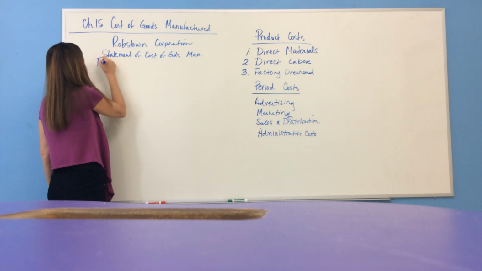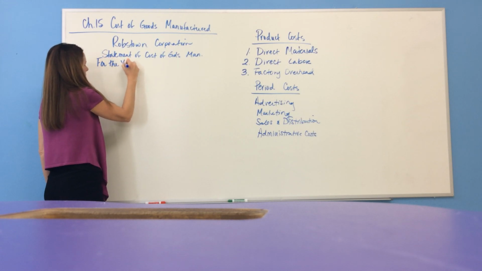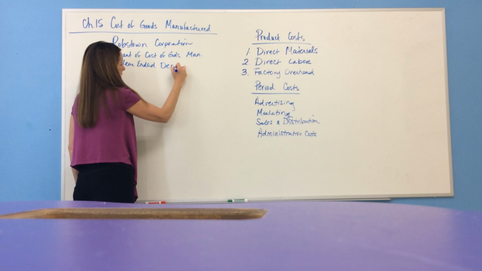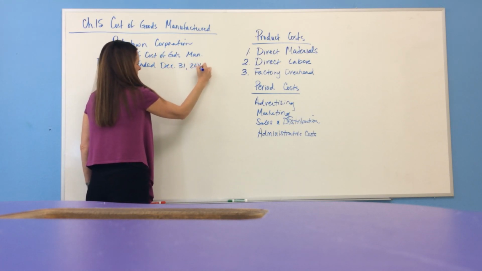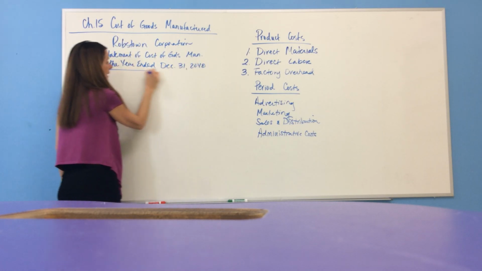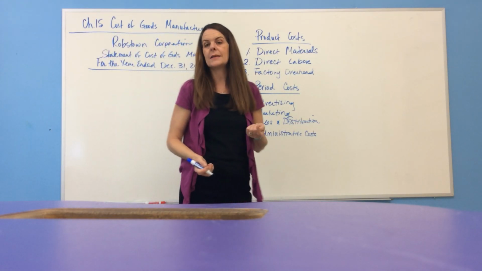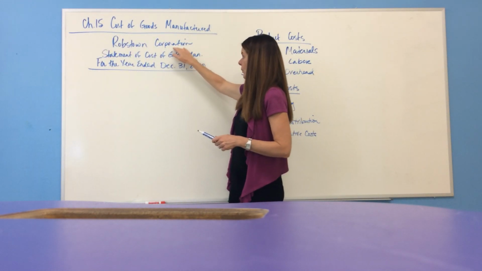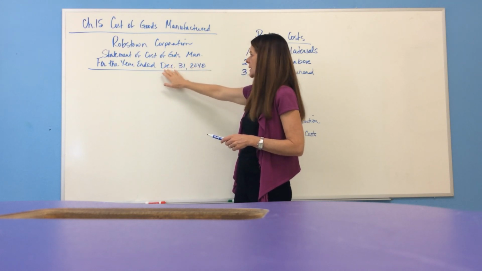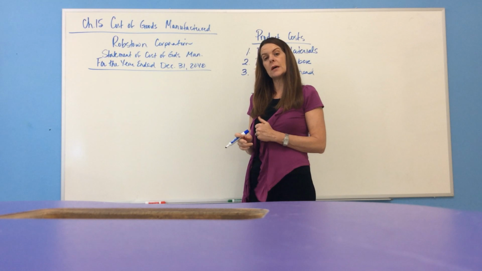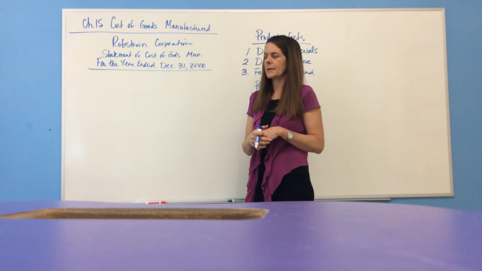So we'll write that. So that's going to be our heading. Very similar to an income statement or balance sheet that we've done in the past. We're going to start with the name of the corporation, the name of the statement, and then a period of time. So in this case, it's a period of time like the income statement, not a point in time like a balance sheet.